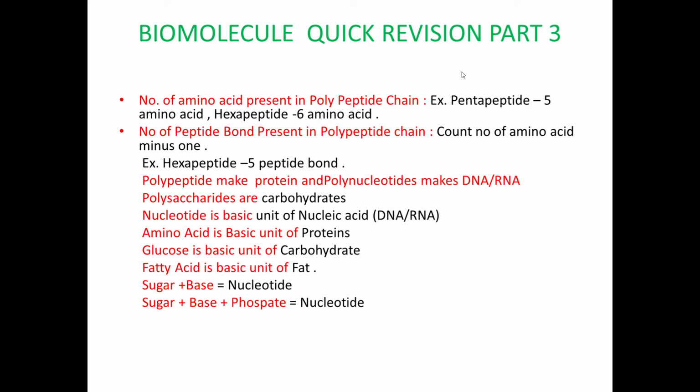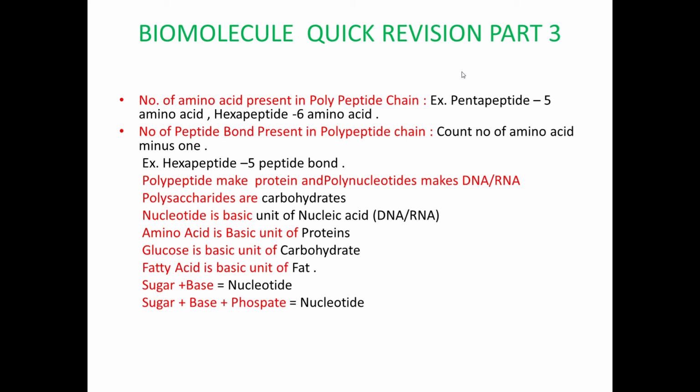It may be starch, it may be glycogen. Starch is generally present in plants, but glycogen is present in your muscles, in animals. Next, fatty acid is the basic unit of fat. So you know fat is an ester of fatty acid and glycerol.